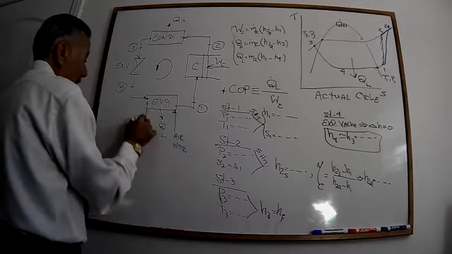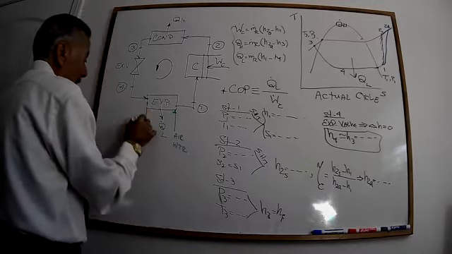In either case, our QL that we found here has to be equal, that's the energy balance equation, to the Q, let's say, of water or air, whatever the case is. So that is the important part that you need to stay focused on.